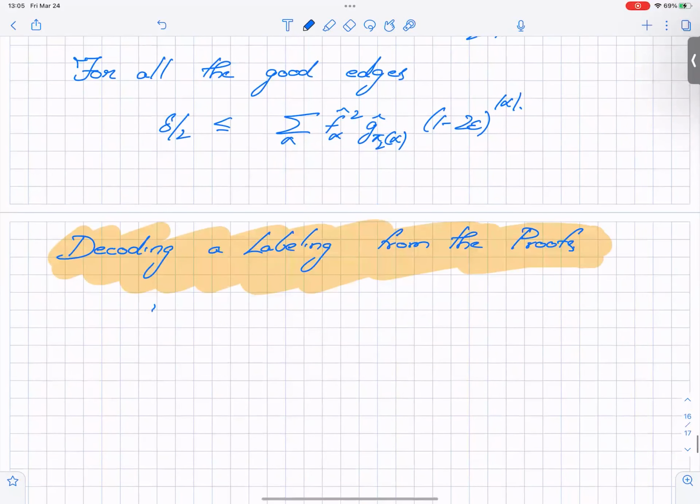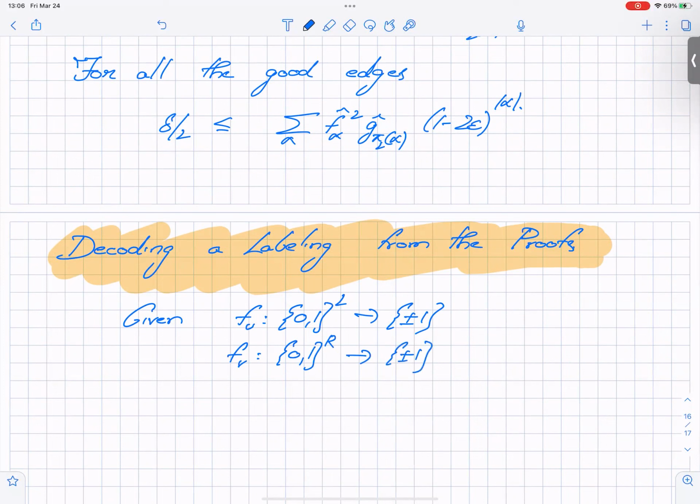So given f_U: {0,1}^L to plus or minus 1, and f_B: {0,1}^R to plus or minus 1, for all U and all B, I want to now decode. And furthermore, we can assume that these tables given to you are folded.